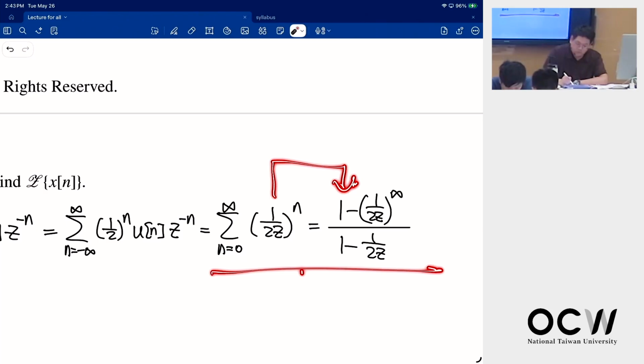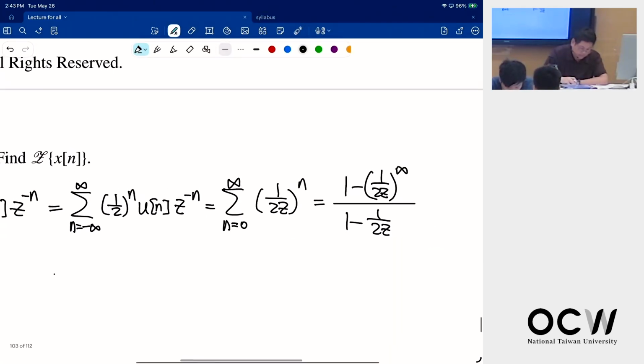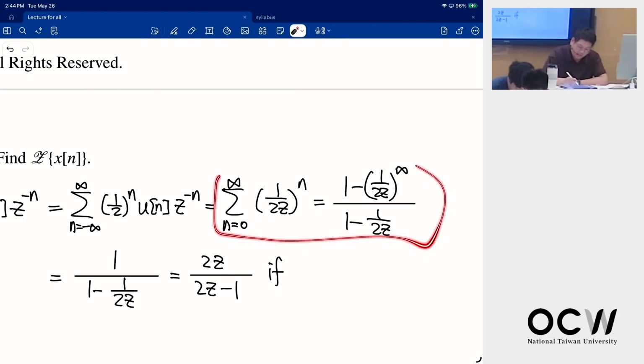When is it valid? Okay, now think about this. So actually this is 1 over 1 minus 1 over 2z. You will get 2z over 2z minus 1. So here's a condition when this holds.